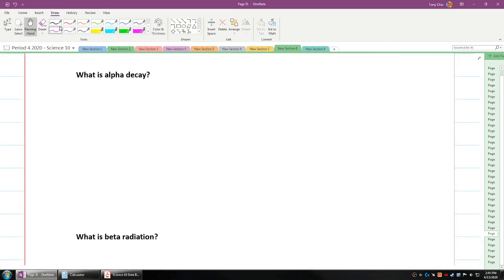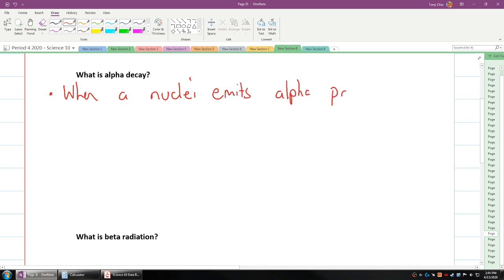Now what alpha decay is, is when a nucleus emits an alpha particle. And that's what we call alpha decay, because it's emitting an alpha particle, so it becomes more stable.